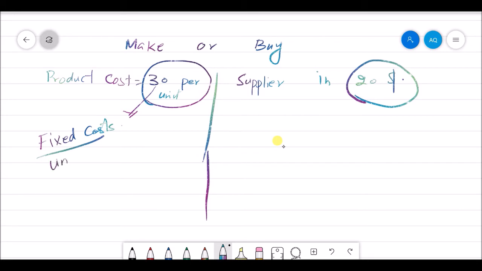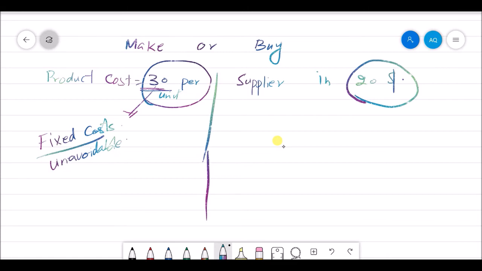So these are unavoidable. So even if you stop making your product, you cannot eliminate all of these 30.